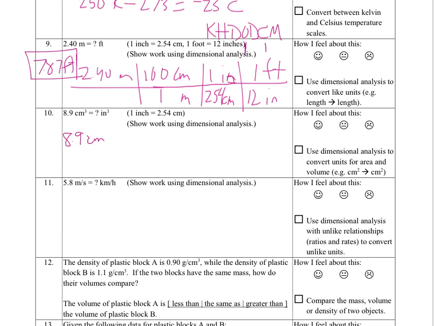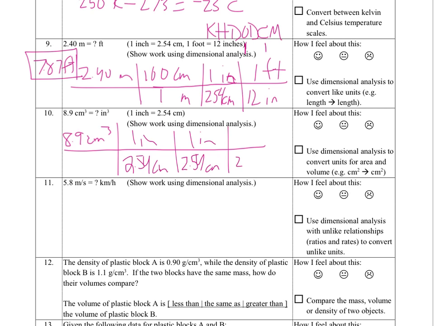8.9 cubic centimeters. Right, and I'm going to go to inches. And here's my conversion factor here. 2.54 centimeters in 1 inch. I'm going to do that 3 times: 2.54 centimeters in 1 inch.